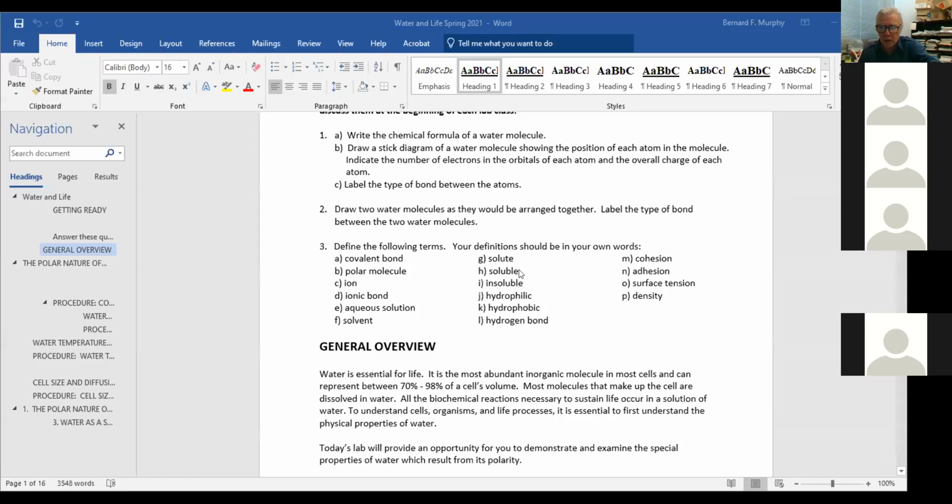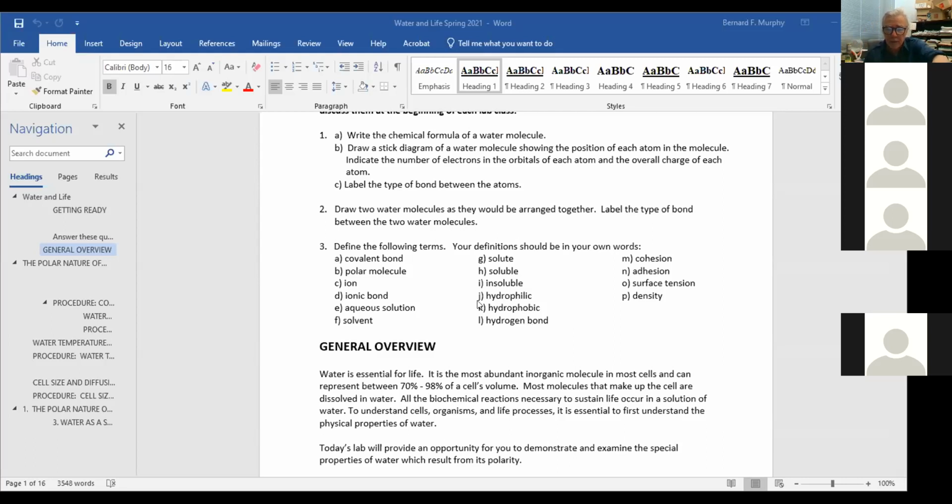So is sugar soluble in water? Yeah. Right. Insoluble is something that's not soluble in that particular solvent, like, oh, okay, there's Adrienne right there. Like oil in water. Oil is insoluble in an aqueous solution.